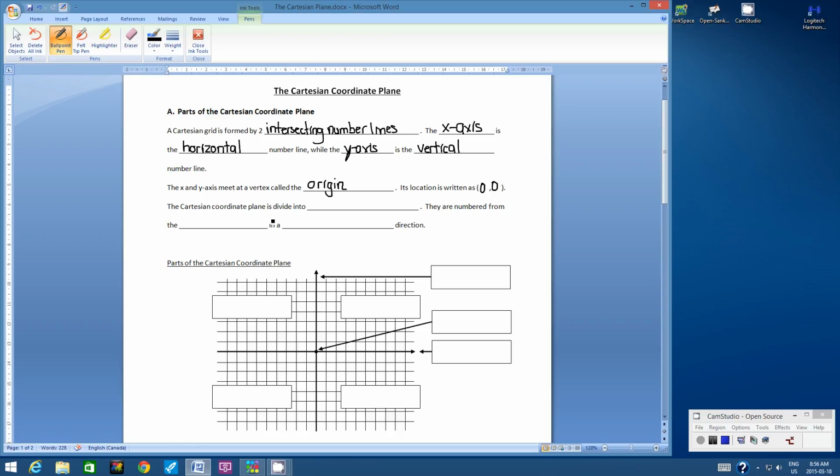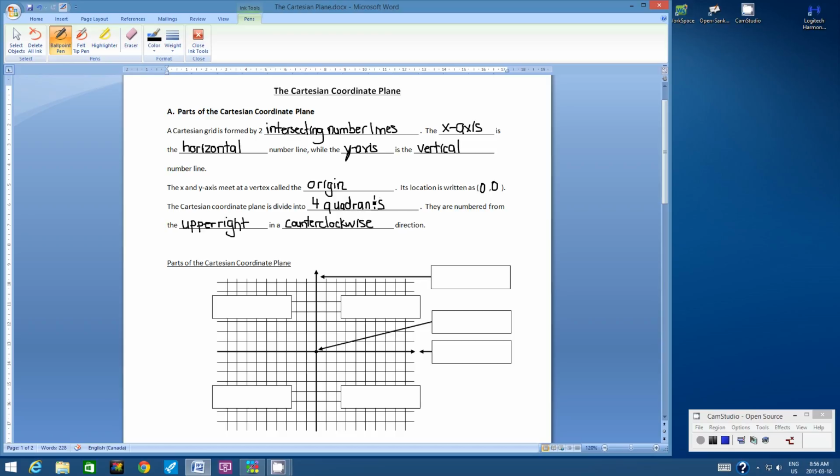The Cartesian coordinate plane is divided into 4 quadrants. Essentially 4 sections. They are numbered from the upper right in a counterclockwise direction.